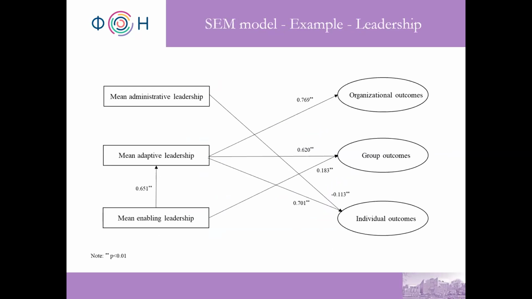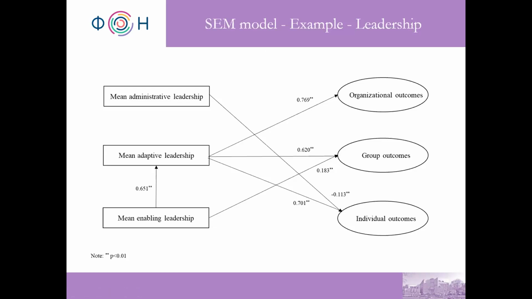Okay. So after the CFA model, we can also see an example of a SEM model. So this would be a SEM model. Why? Because in this model we have both measured variables and latent variables, we have relationships between them, and our relationships are directional.